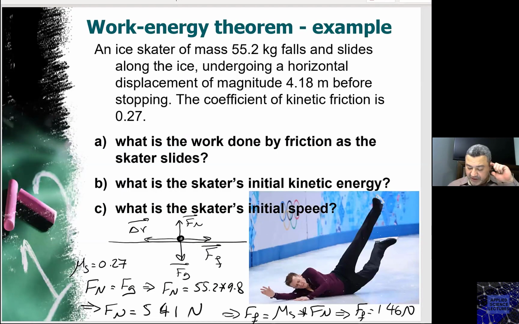What is the skater's initial kinetic energy? We know that the skater has reached a stop after sliding for 4.18.